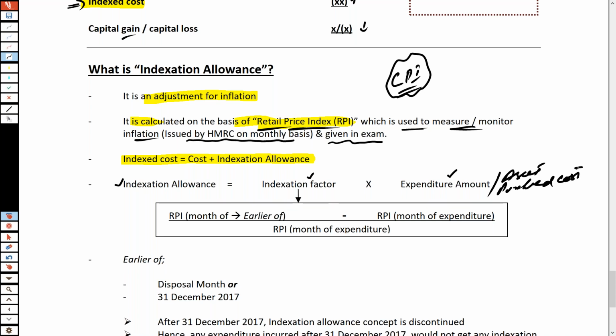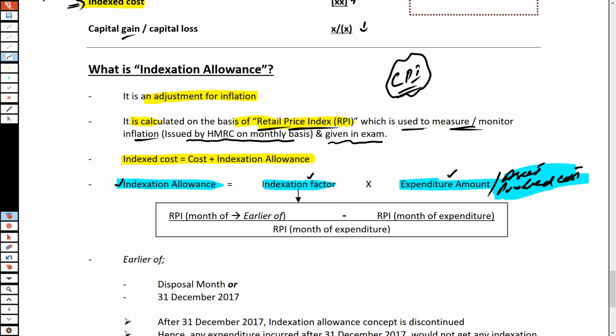Expenditure amount simply means the asset purchase cost or any improvement or enhancement cost, meaning any capital expenditure incurred.